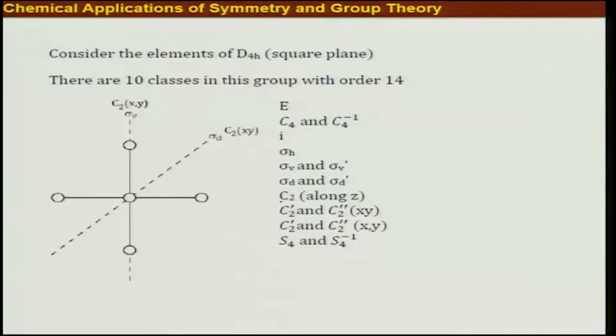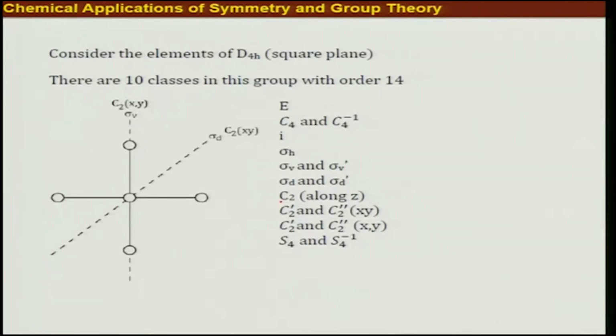So C2 forms a class by itself, and then the perpendicular C2s form a class by themselves, and there are improper axes of symmetry. This S4 and S4 inverse also form a class.